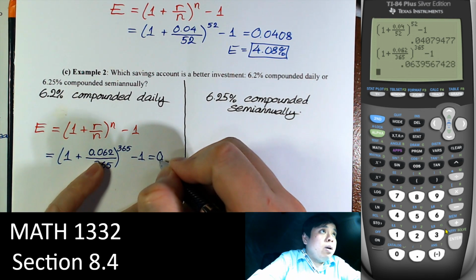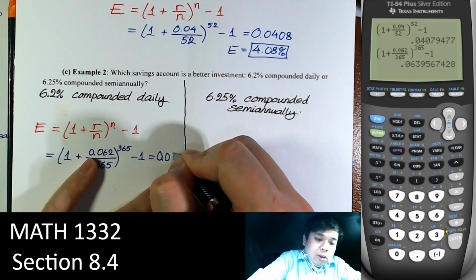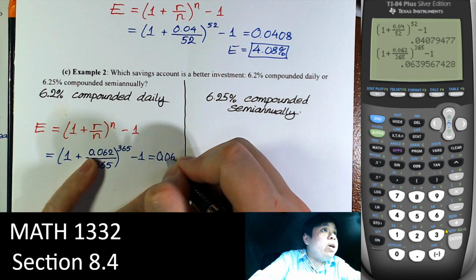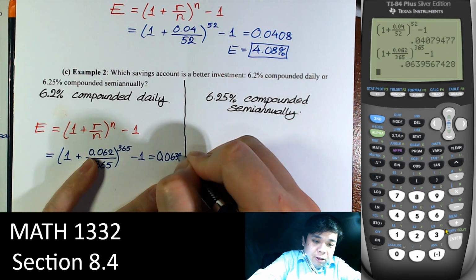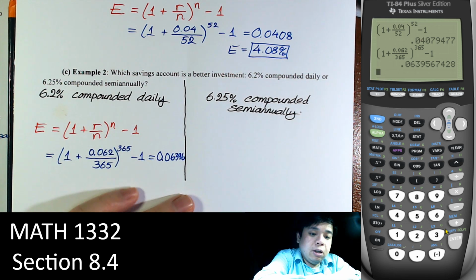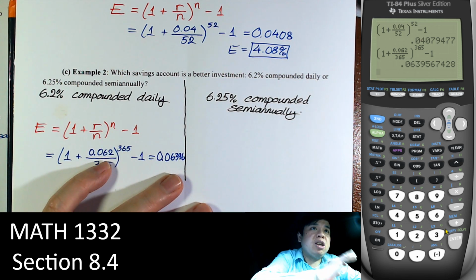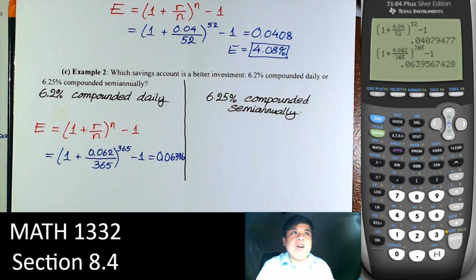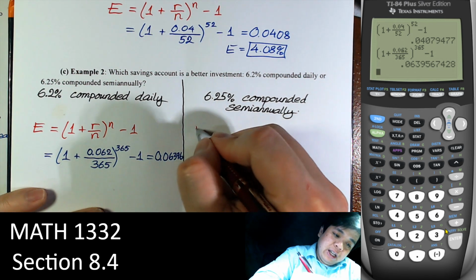We get 0.06396, because that's 6.396%. We're just going to leave that and compare the decimals for the other case.